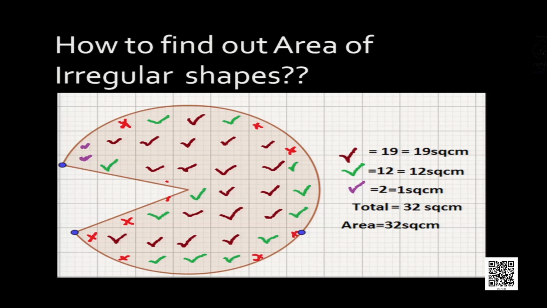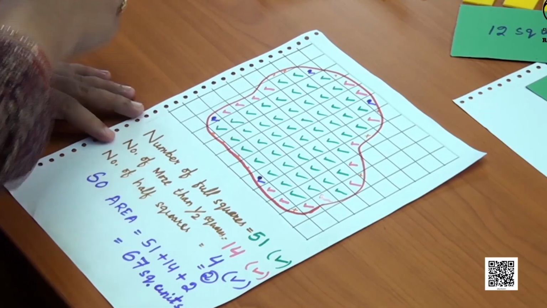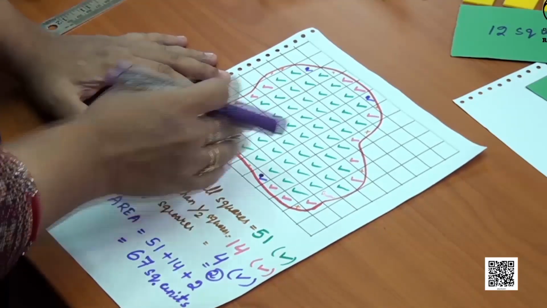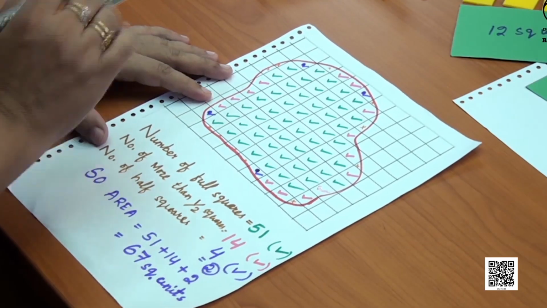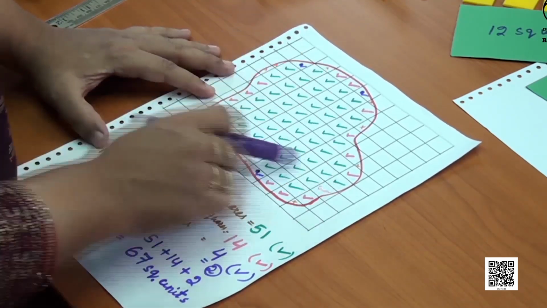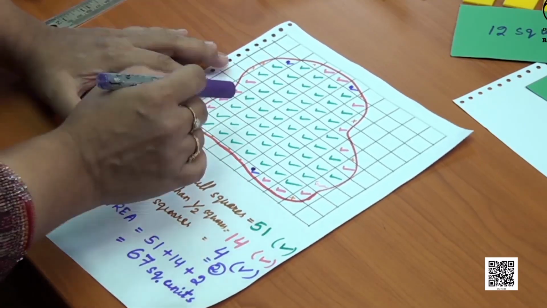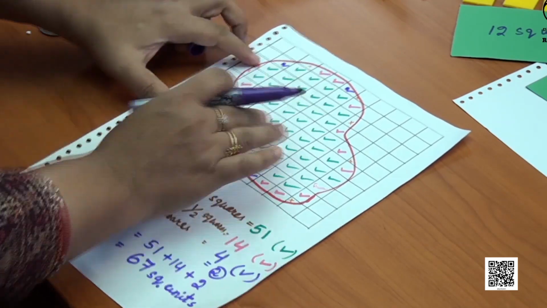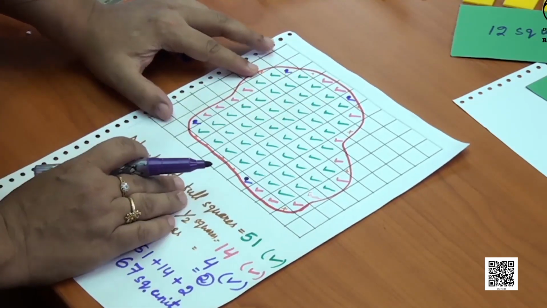Let me show you. Here I have already made an irregular shape. Okay, so what we have to do, in the previous one what we have done, we have calculated how many small squares the closed shape is covering, or how many small squares will cover that closed shape. So we have to calculate the number of smaller squares.